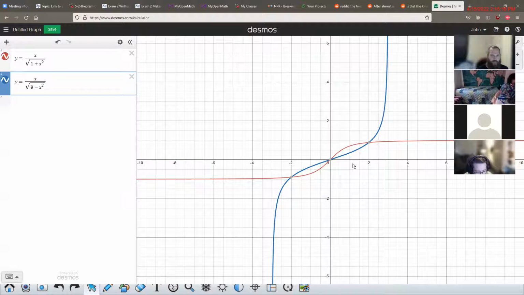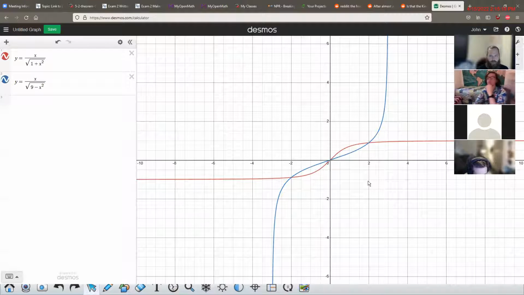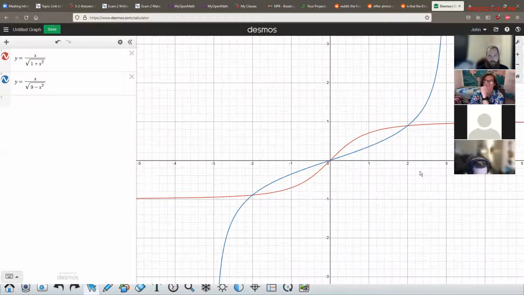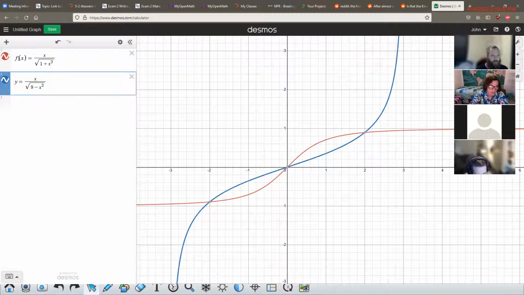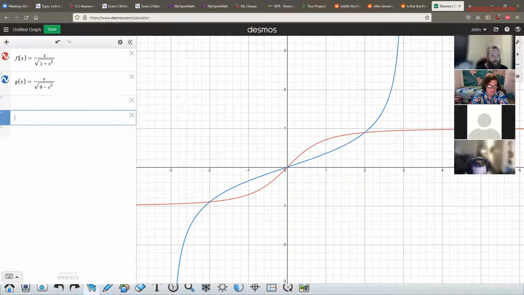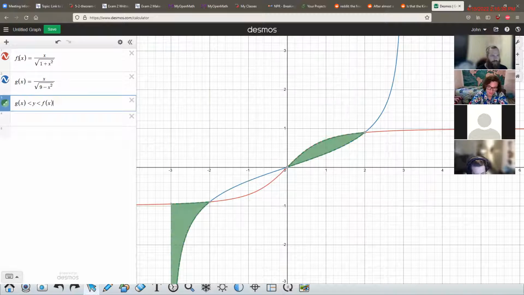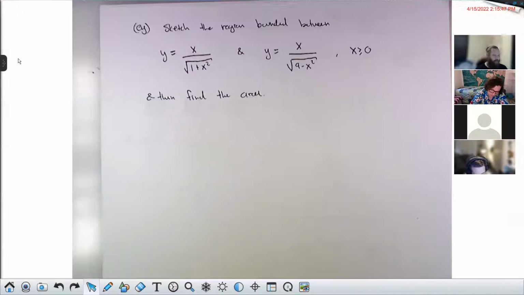So they've asked us to sketch these curves and find the area bounded between them where x is greater than 0. So maybe if I call this f of x rather than y, call this phi of x rather than just x, then we can calculate this area. That's what we're looking for. So let's give ourselves a little sketch.